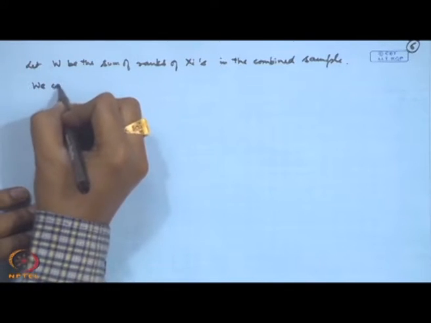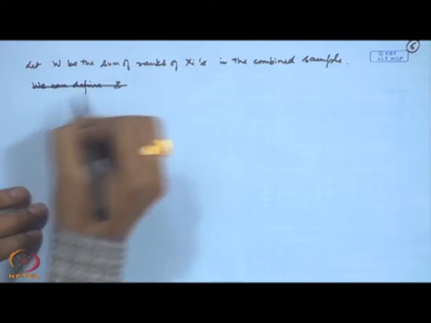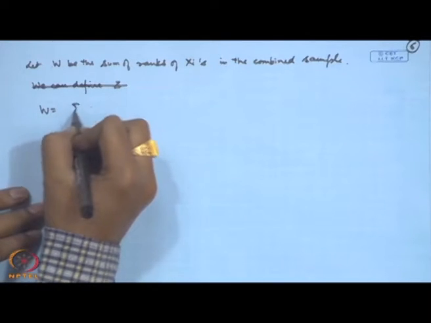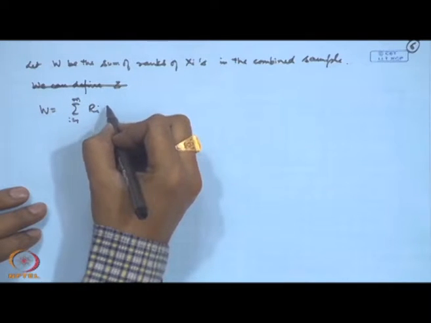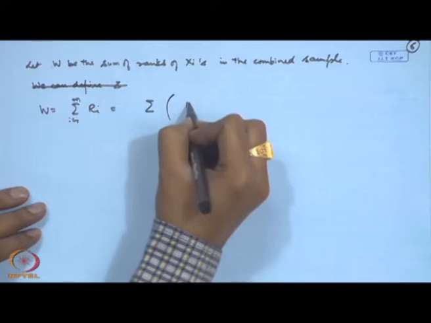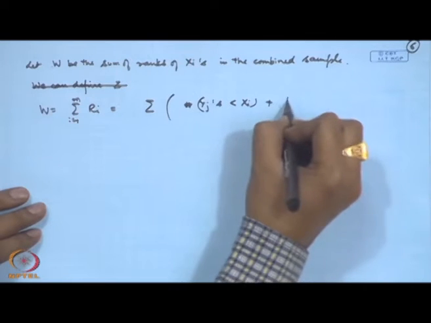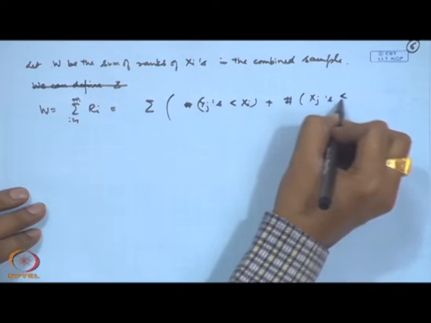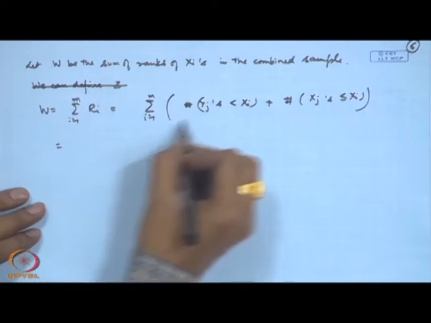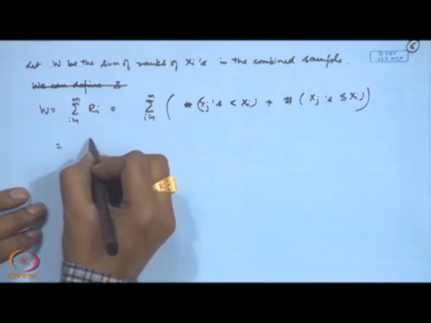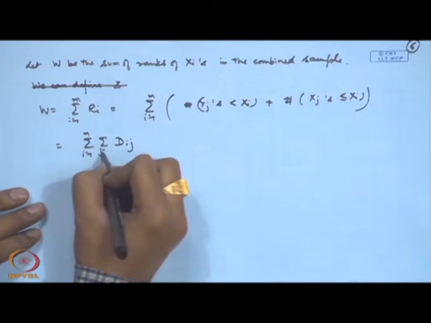So, we can define W equal to summation of r i, i equal to 1 to m, that is equal to sigma of the number of y j's which are less than x i plus the number of x j's which are less than or equal to x i, and this we are doing for all i equal to 1 to m. So, if I sum this, this is nothing but the sum of d i j's, i equal to 1 to m, j equal to 1 to n.